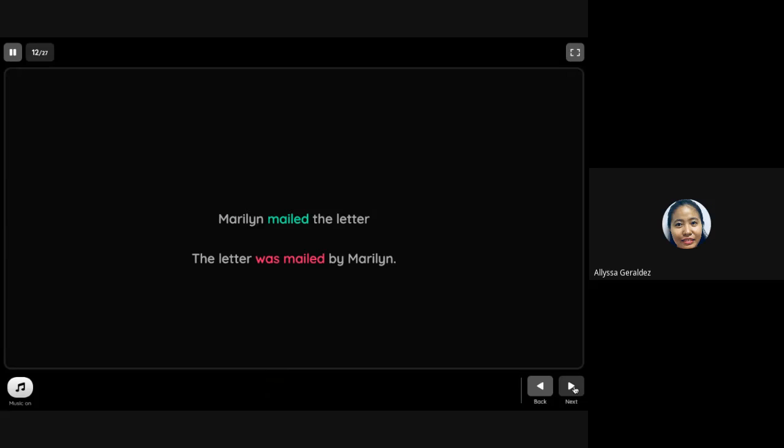Marilyn mailed the letter. We moved the object into the subject slot. So the letter, and then we also move the subject by putting a by phrase. That's why by Marilyn. And then we have to change the verb. Upon changing the verb, make sure you know if it is in the present or in the past tense.